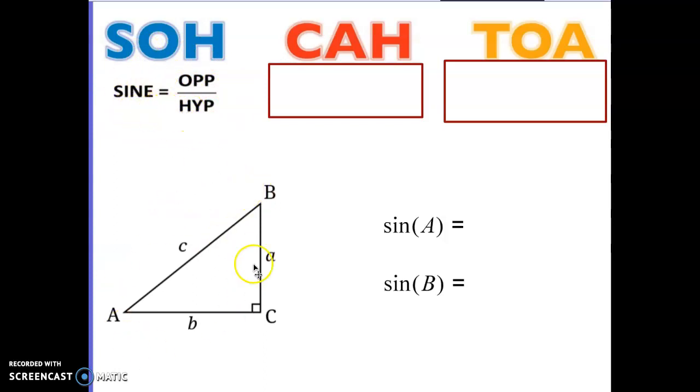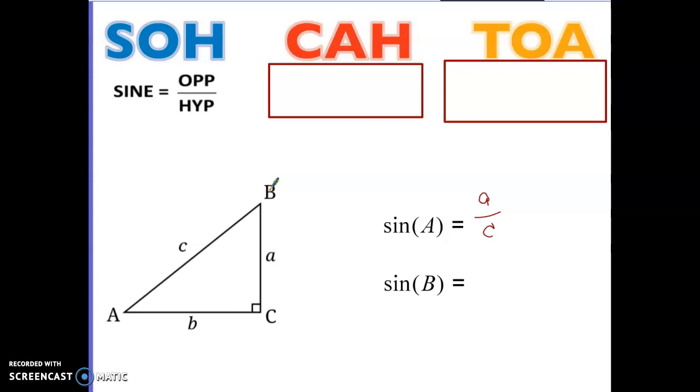All right, and then let's look down here at our triangle. Angle A, opposite angle A is side a, and then the hypotenuse here is c. So the sine of angle A is a over c, opposite over hypotenuse. All right, now look at B. You probably noticed in the last one that the opposite for B and the opposite for A are not the same as each other.